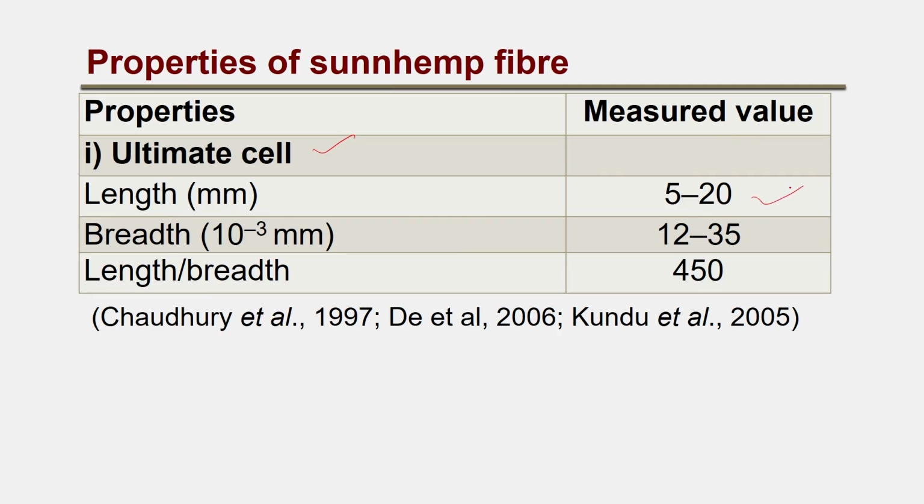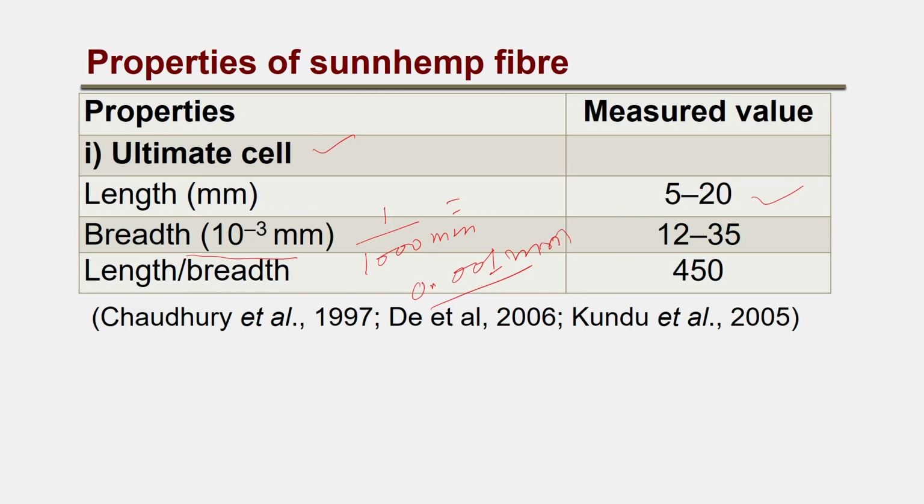Now, see the breadth is 10 to the power minus 3 millimeter, or it can be simply written as 1 upon 1000 millimeter, or you can write in millimeter also 0.001 millimeter. So, you can convert this 10 to the power minus 3 millimeter into 0.001 millimeter.